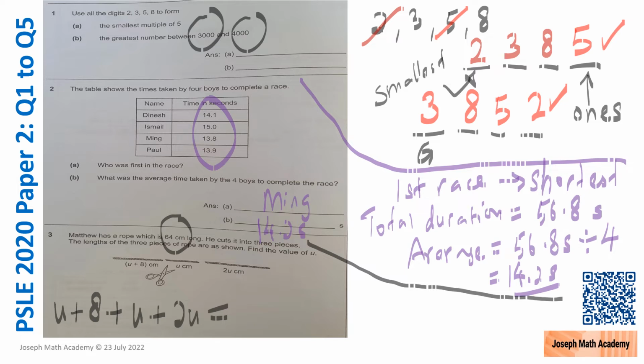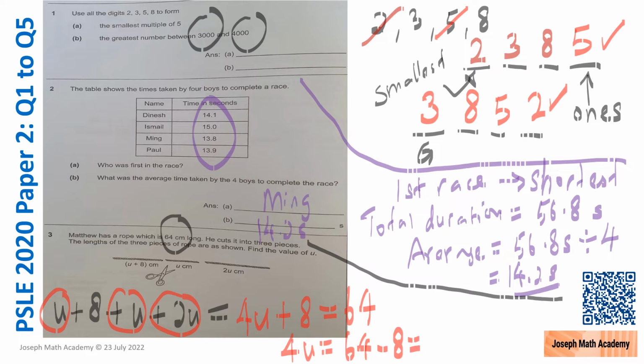Okay, so what do I mean? u plus u plus 2u will give us 4u. So 4u plus 8 has to be the total 64. Alright, so rearrange this. 4 units will be 64 minus 8, which gives us 56.